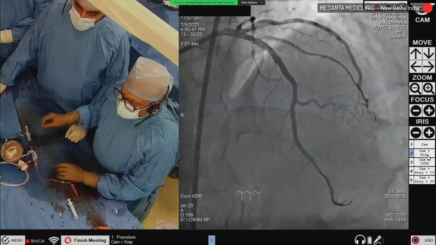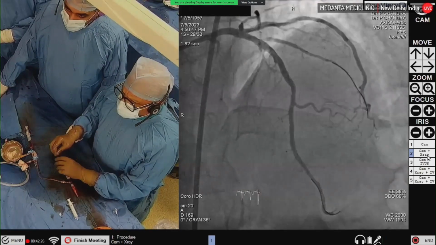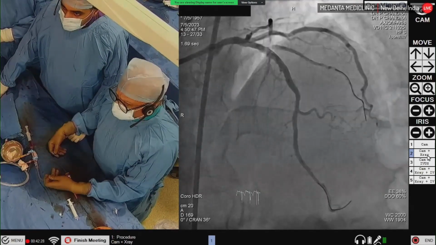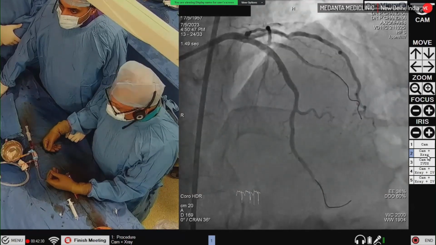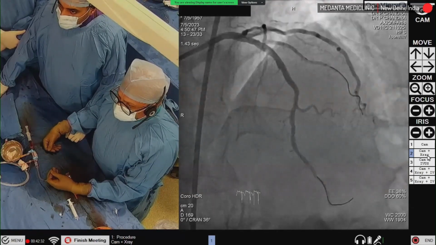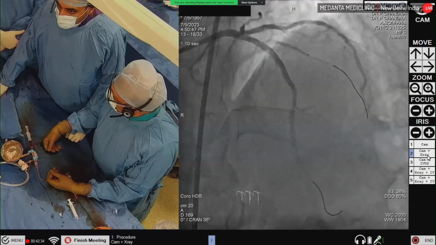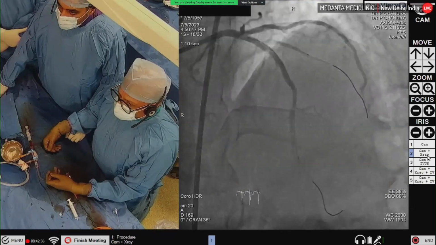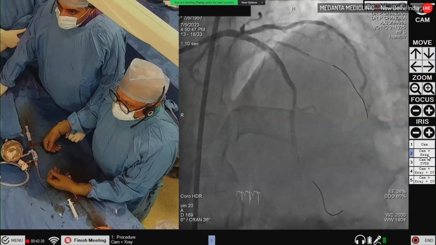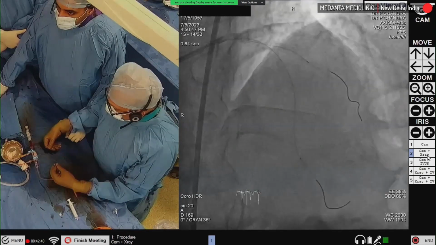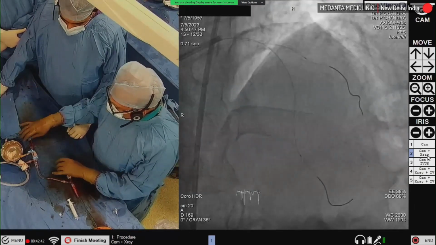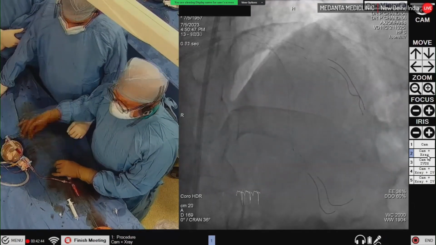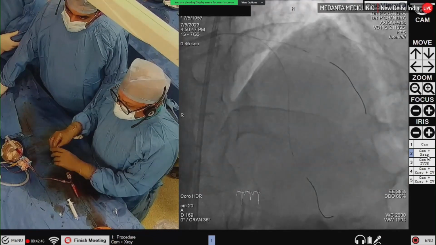Will we be doing kissing or single? I think for the diagonal, we can do a drug-eluting balloon also. So in that case, we should do the diagonal first and then this one. Okay, give me a 2.25 into 10 DEB for the diagonal. 2.25 into 10.